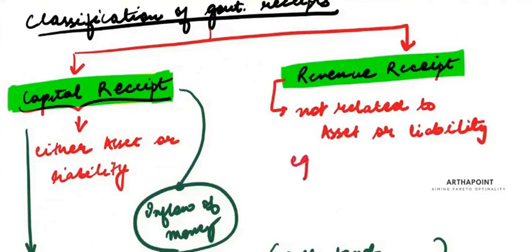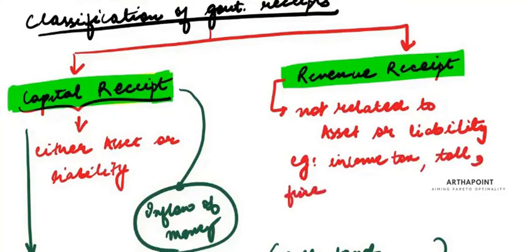Like for example, when you collect income tax, when you collect toll from people, when you collect fines from people, when you collect excise duty from people, all these are your increase in the money flow, but it is not affecting your asset or liability.